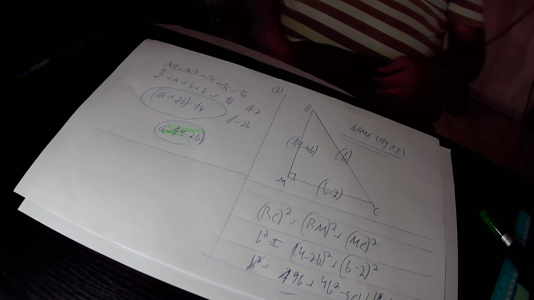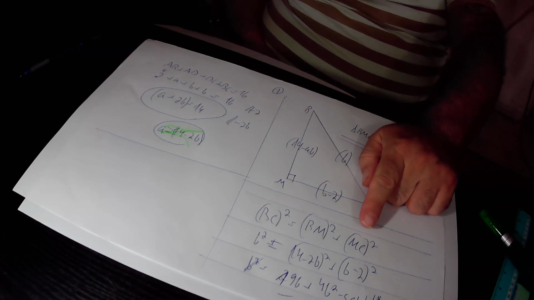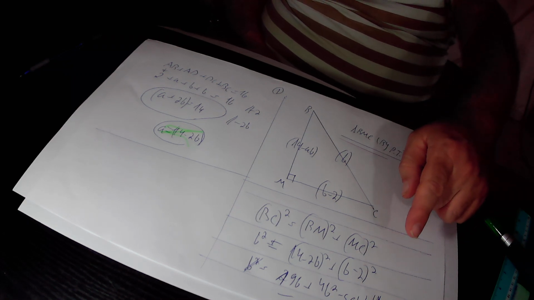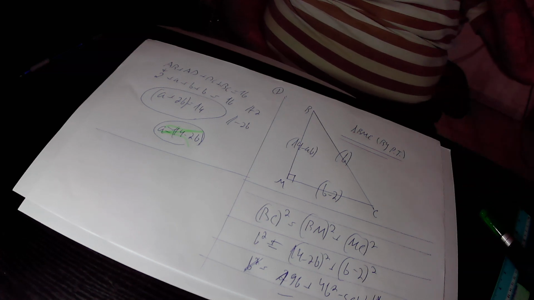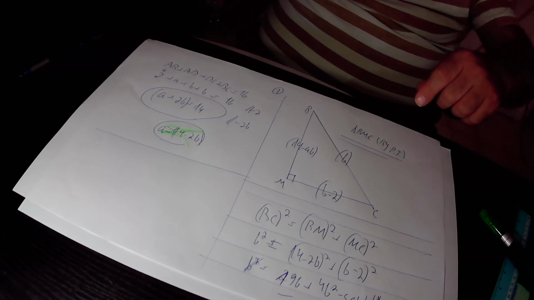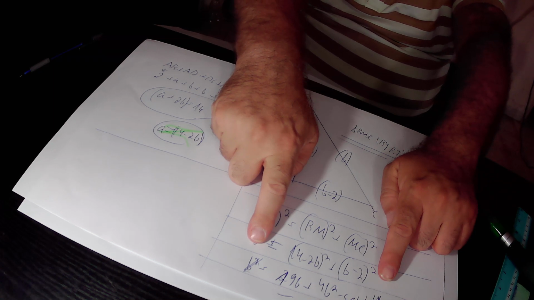Minus 28 times 2B is minus 56B. And we also have plus (B minus 2) squared. (B minus 2) squared equals B squared, plus 2 squared, that is 4, minus 2 times B times 2, that is minus 4B. So here we have B squared on both sides of this equation, so B squared will cancel.